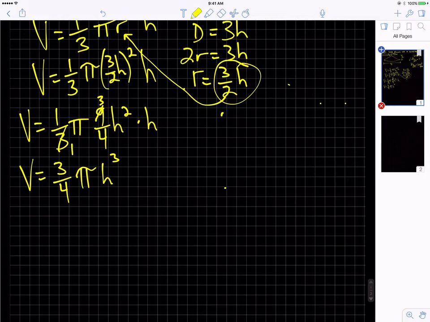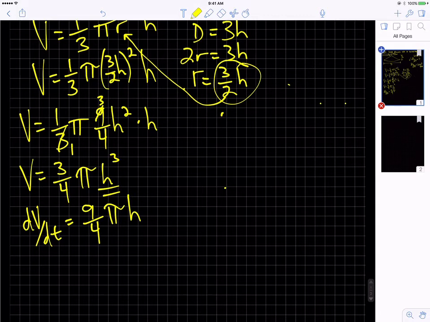Now I want to differentiate that with respect to time. 3/4 pi is just a coefficient. I'm doing the power rule here. h is my variable, so the 3 comes down and multiplies by the 3/4 to give me 9/4 pi.